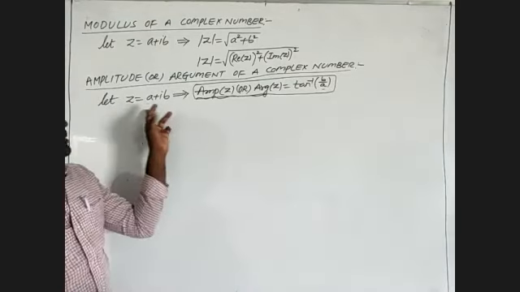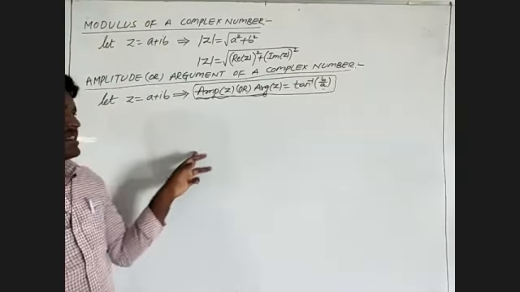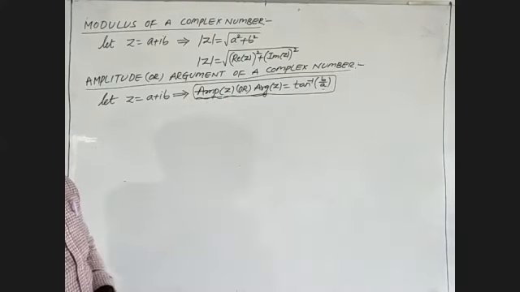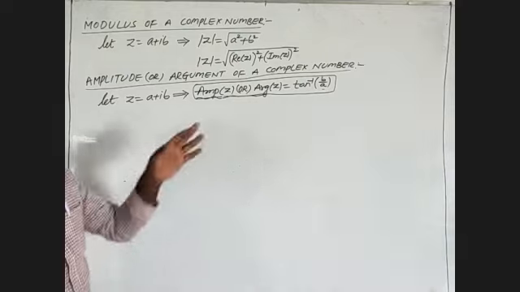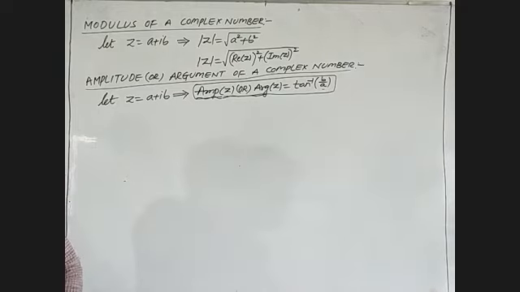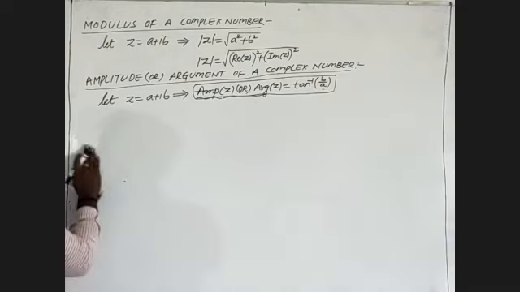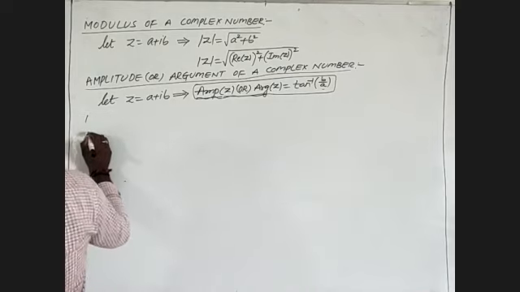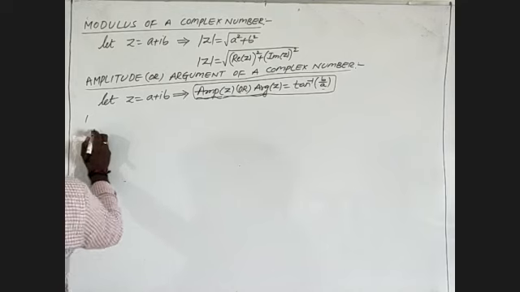Then the amplitude or argument of a complex number can be denoted by tan inverse b by a. Now I am going to the last one, that is modulus amplitude form.